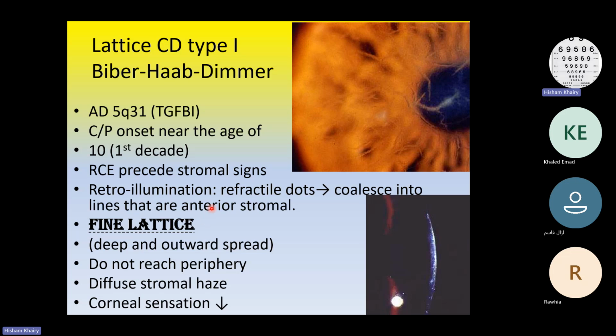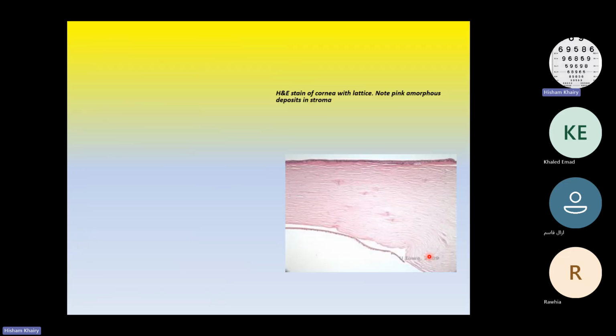On retroillumination, you can see these refractile dots that coalesce into lines in the anterior stroma. Here is the slit beam illumination. Usually the type 1 has fine lattice lines, with deep and outward spread that do not reach the periphery, with diffuse stromal haze, and the corneal sensation may be decreased.